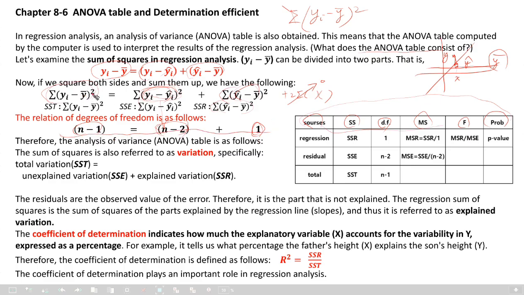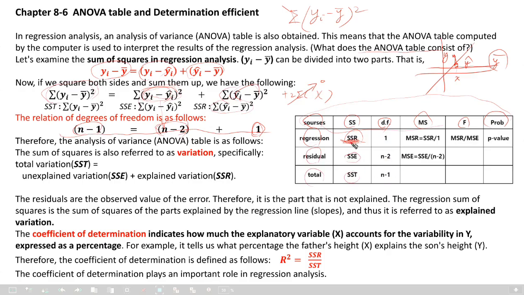With the sums of squares and the degrees of freedom, we can construct the ANOVA table. Regression, residual, and total. The calculated value of SSR will show up here, SSE, SST. Degrees of freedom 1, n minus 2, n minus 1.